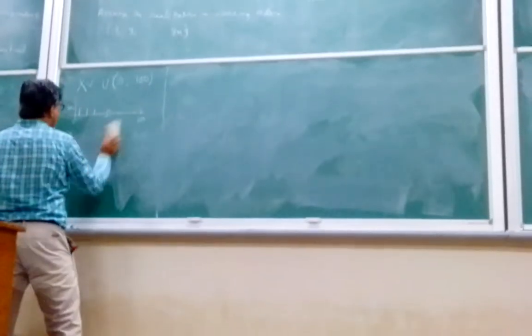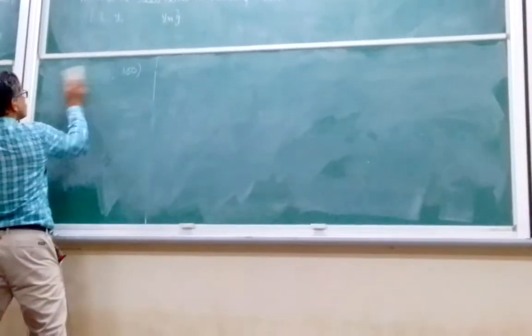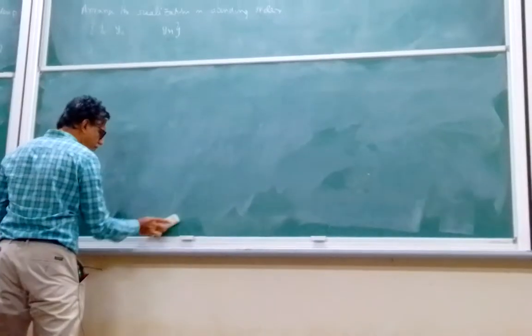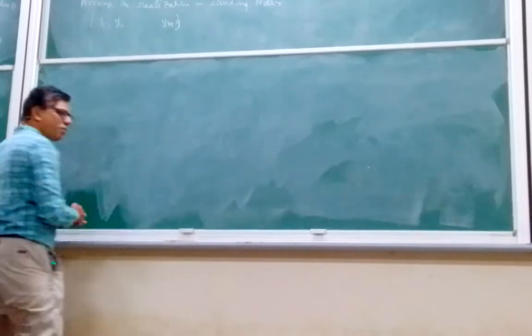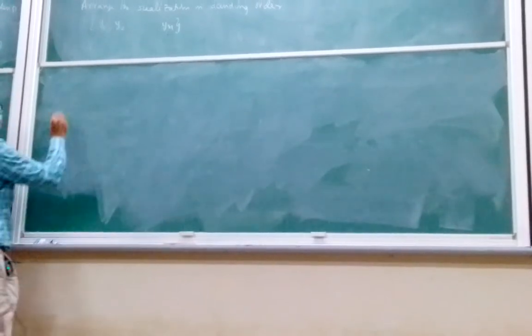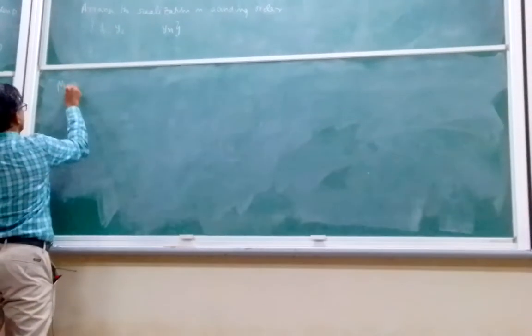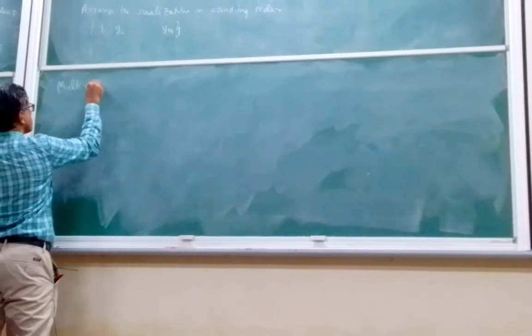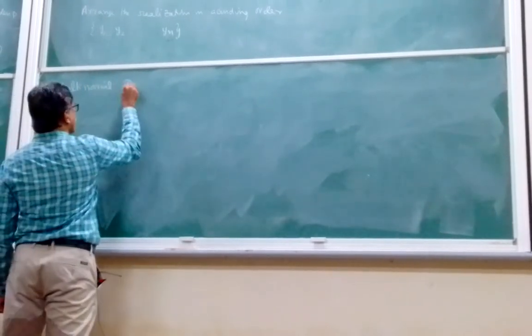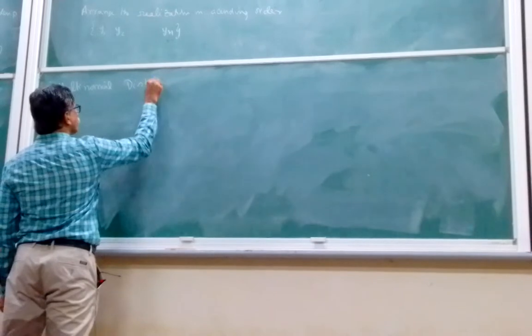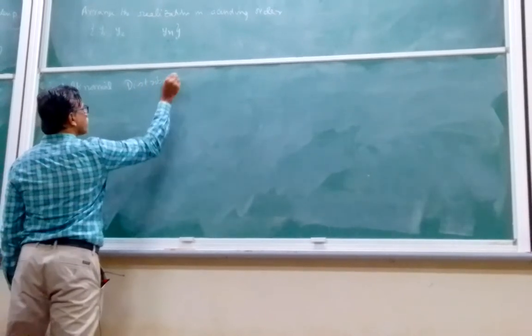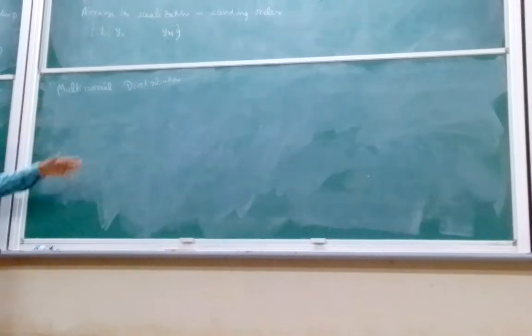For that one, we will use the elementary formula from basic probability, which is the formula for the multinomial distribution. I think I also introduced it. We also looked at it, but we will recall it because we are going to make use of it.